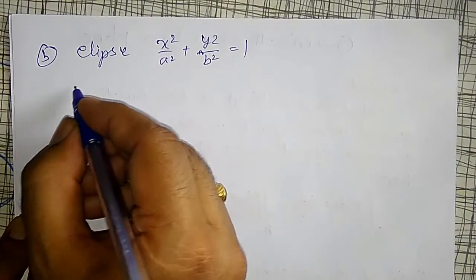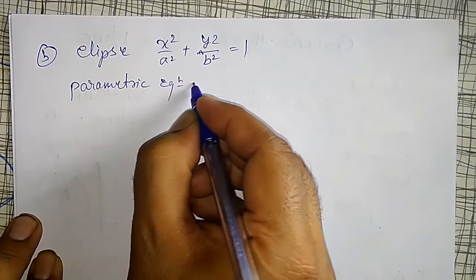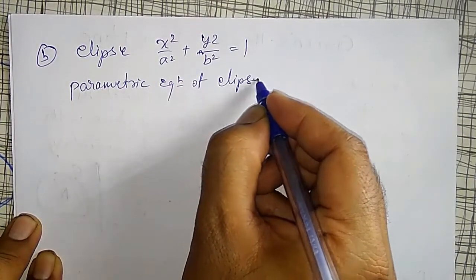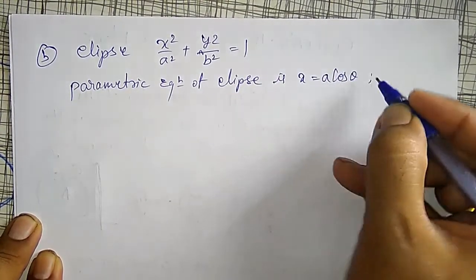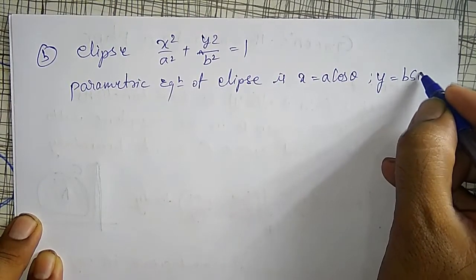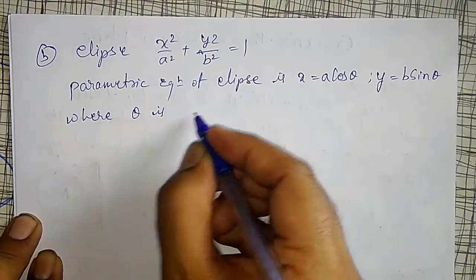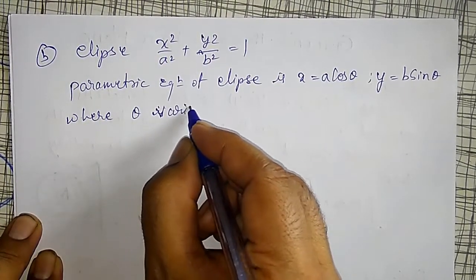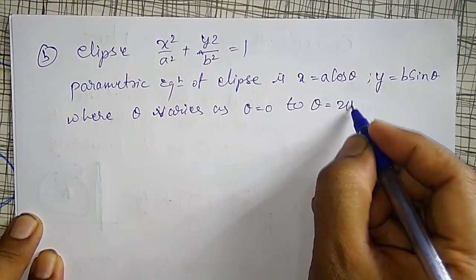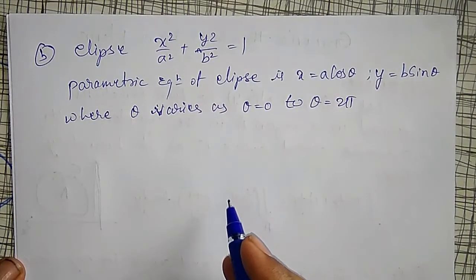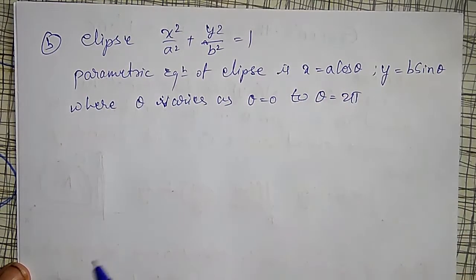The parametric equation for this ellipse is x is equal to a cos theta and y is equal to b sin theta, where theta varies from theta equal to 0 to theta equal to 2 pi. I have selected this because solving the line integration is simple whenever the equation is in parametric form.